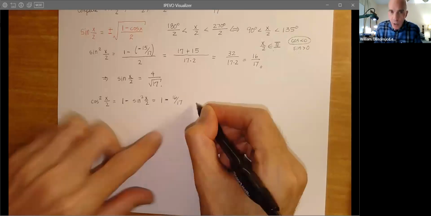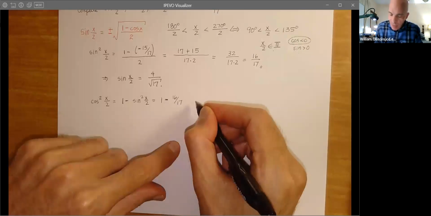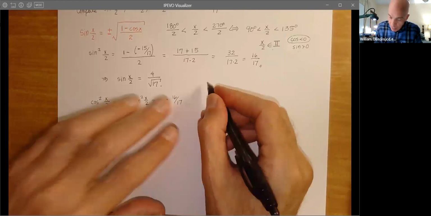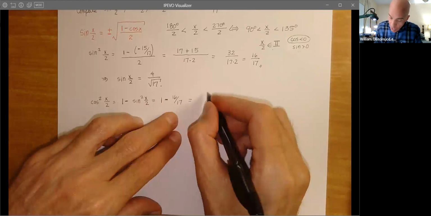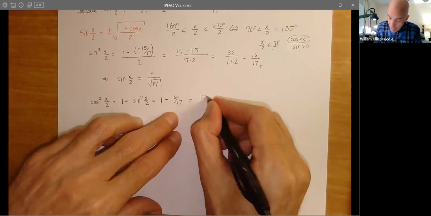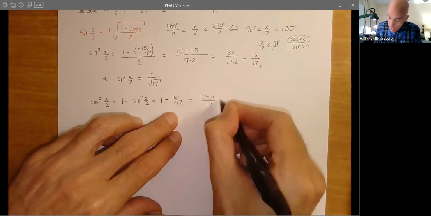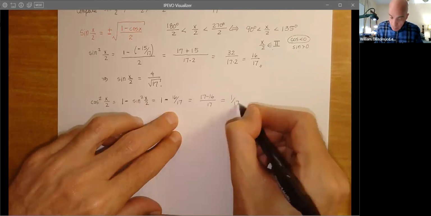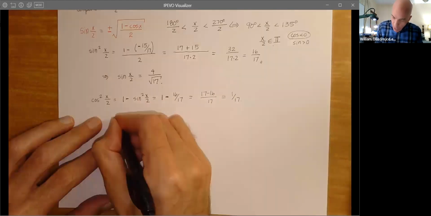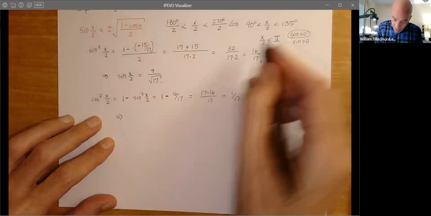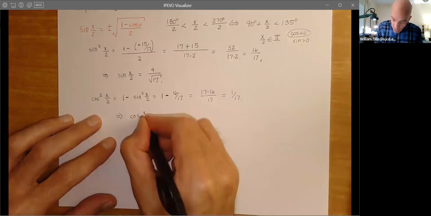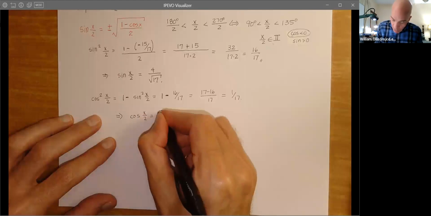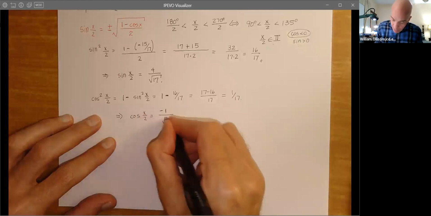Again, look at the square and then apply the square root. That way your calculations are easy. And so that's just going to be a 17 minus 16. So we have 17 minus 16 over 17, which is just 1 over 17. So this implies, with the arithmetic of the second quadrant, that we select the negative. So cosine of x over 2 will be the negative 1 over square root of 17.